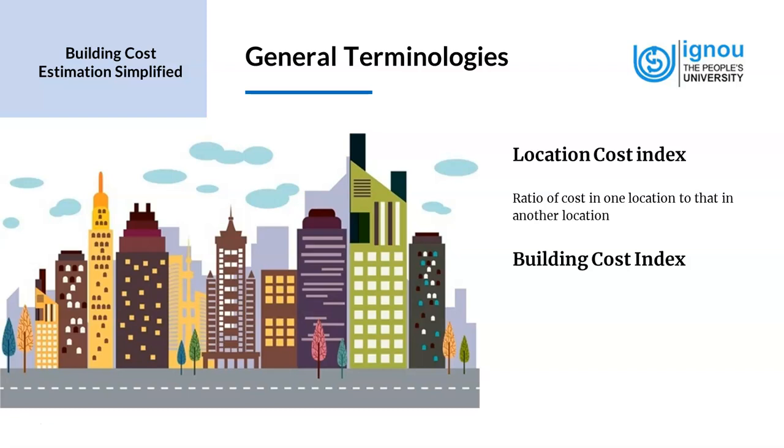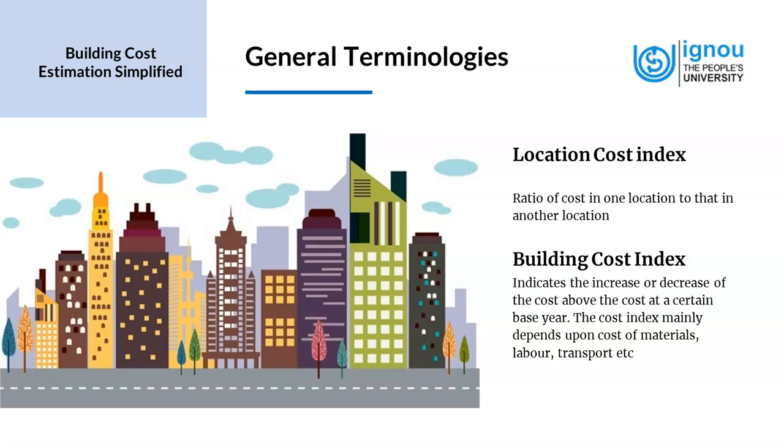What is the rate in one particular city may not be the same in another city. The construction cost in Chennai may not be the same as in Delhi because there are a lot of factors like labor availability, the distance from the source of the product, etc. that matter. And so location cost index gives the idea of this difference.